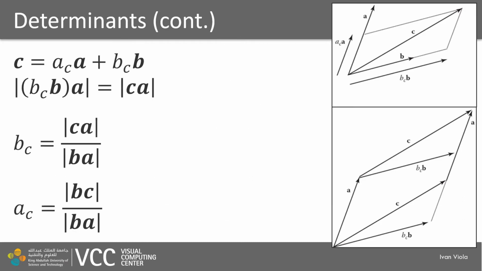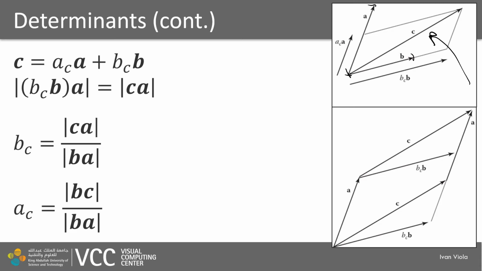Now, the determinants can be useful, for example, for expressing the representation of a vector as a linear combination of other vectors. So let's say that we have here the vector c, which is depicted in the figure here, and then we have the vector a, which is this length, and the vector b, which is this length.